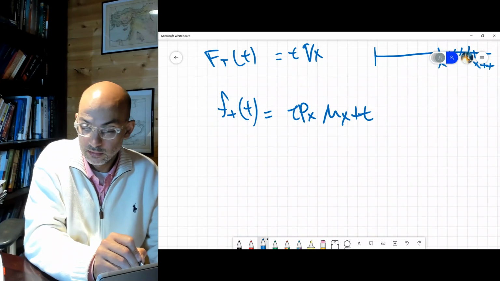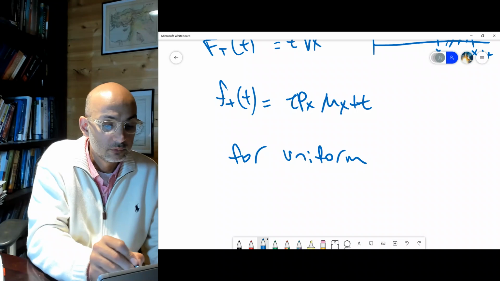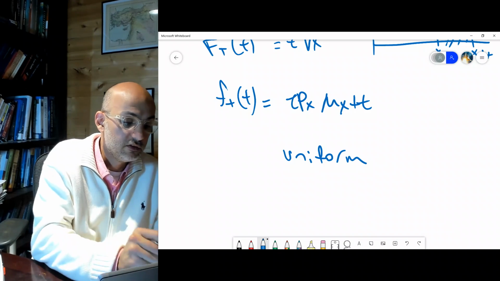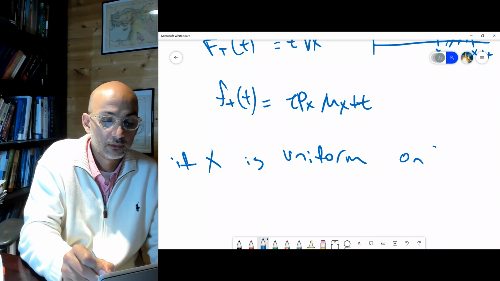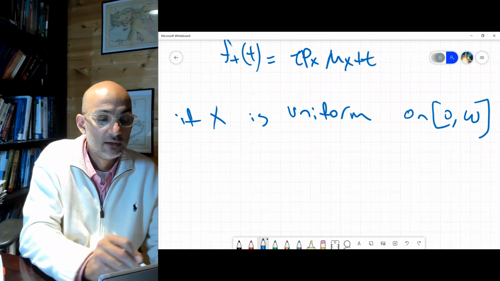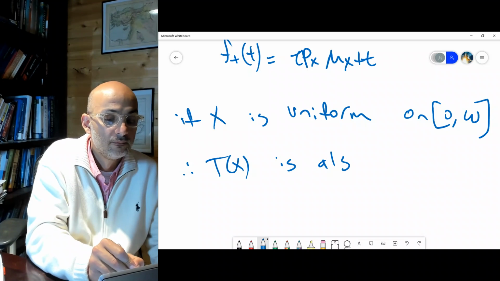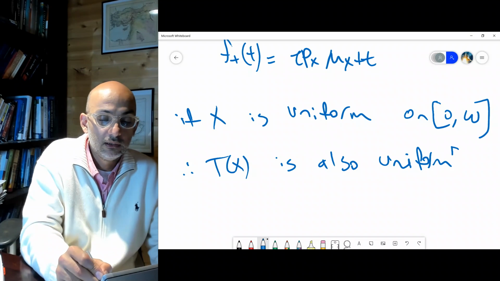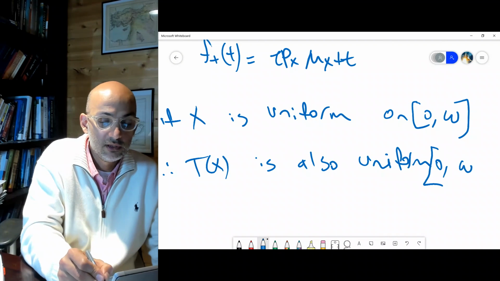And also as a summary for uniform: if x is uniform on 0 to omega, where x is the time until death random variable, then T of x is also uniform between 0 and omega minus x.